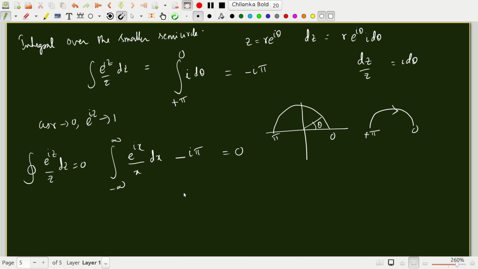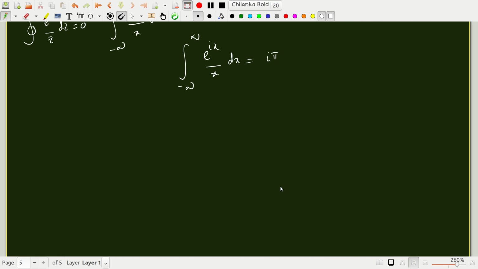That means the integral from minus infinity to infinity of e to the ix by x dx is plus i pi. Now there are two contributions, real and imaginary: the integral of cos x by x dx plus i times the integral of sin x by x dx, which was the original integral we wanted, equals i pi.